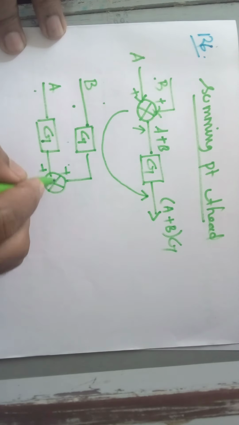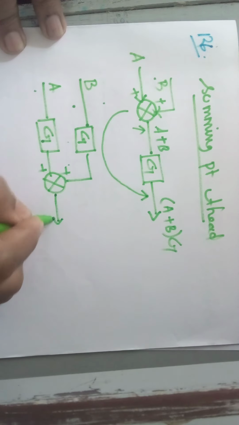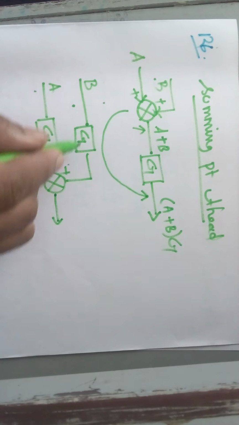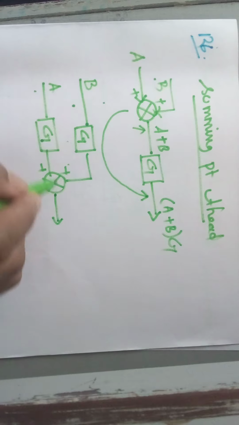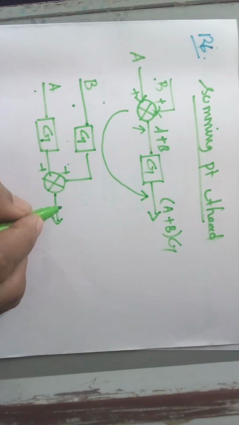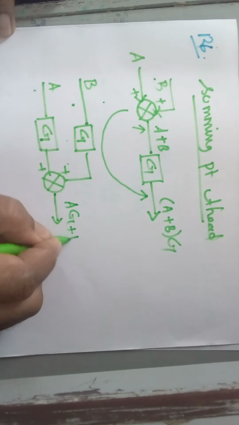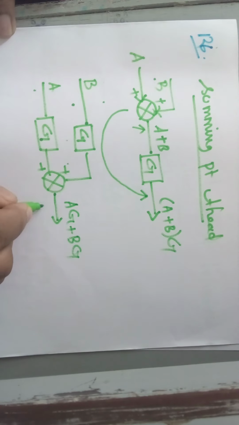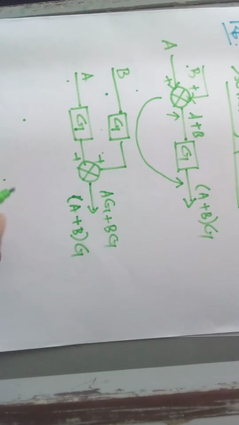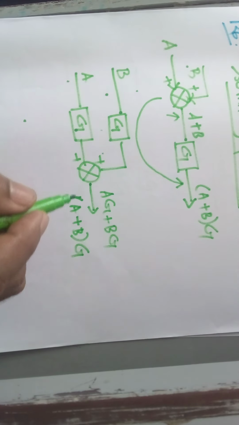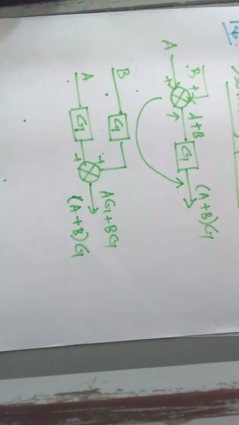So from this the output will be AG plus BG. Understood? Or we can write this as equal to A plus B into G. Understood? So this is the rule to move the summing point ahead of a block.